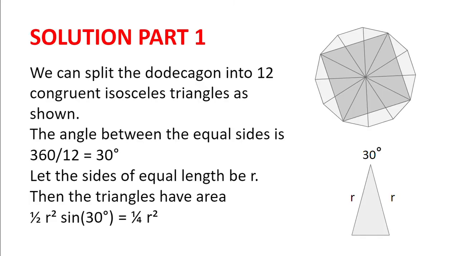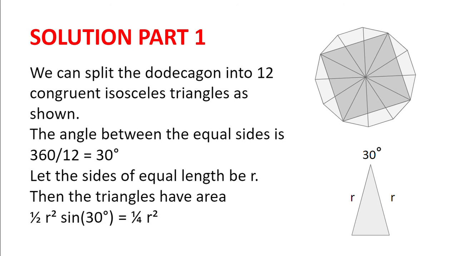Solution. So we can split the dodecagon into 12 congruent isosceles triangles, as shown. Now, the angle between the equal sides is 360 divided by 12, which is 30 degrees. Now, let the sides of equal length be r.